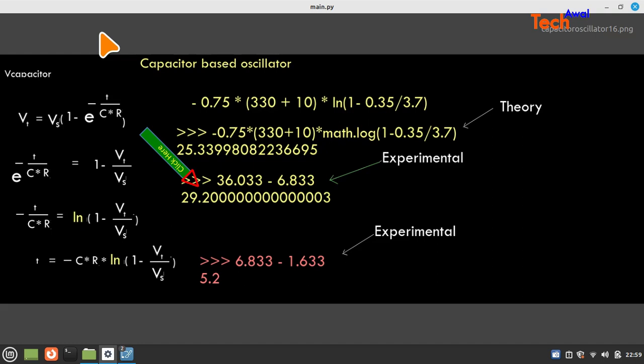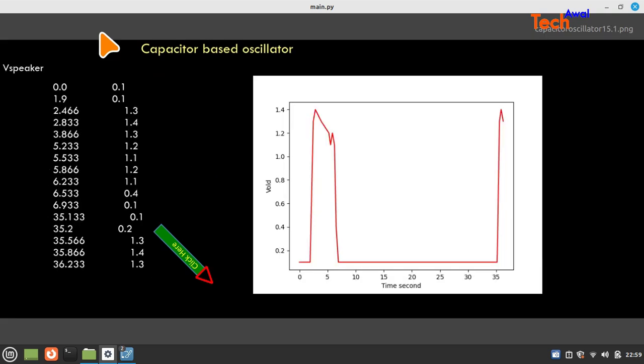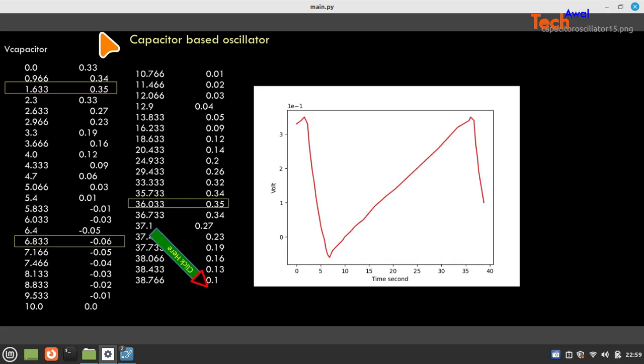While discharging, experimentally it takes around 5.2 seconds, but we cannot go with that conclusion, because if you see the capacitor voltage, it reaches minus.